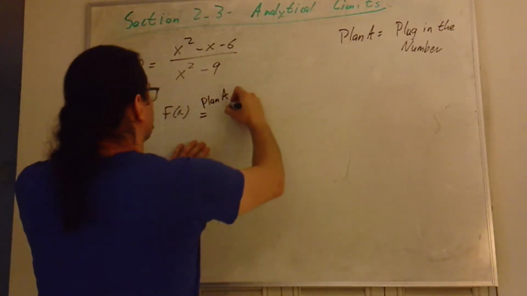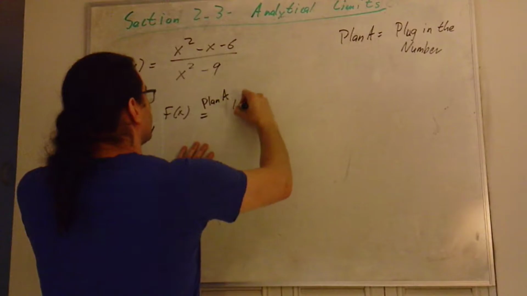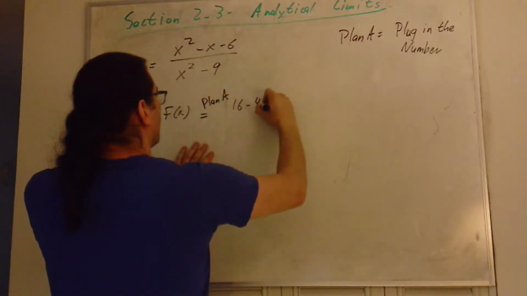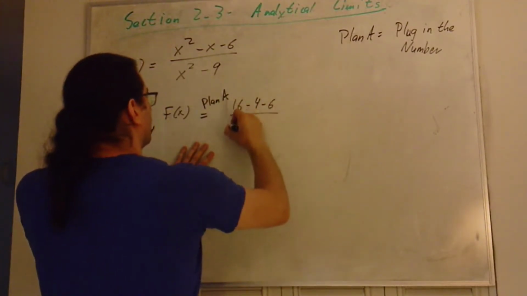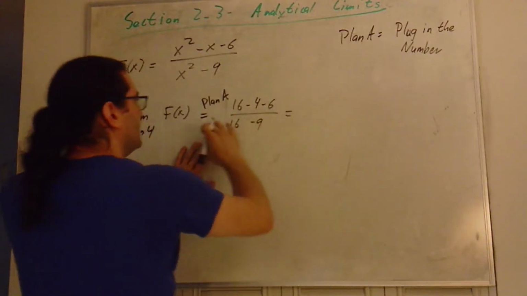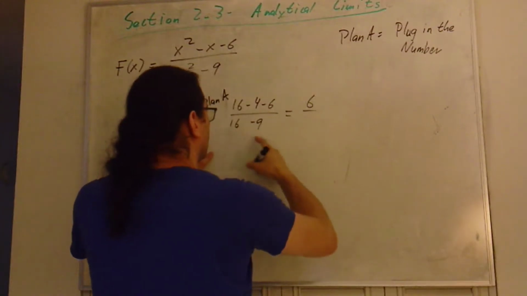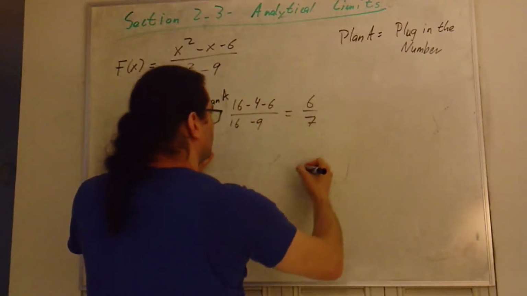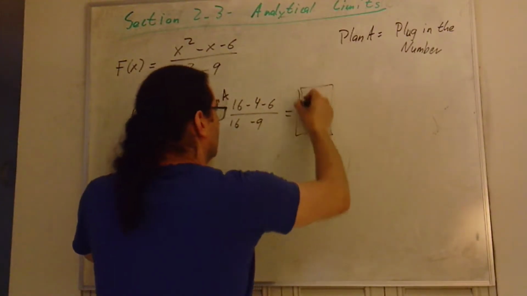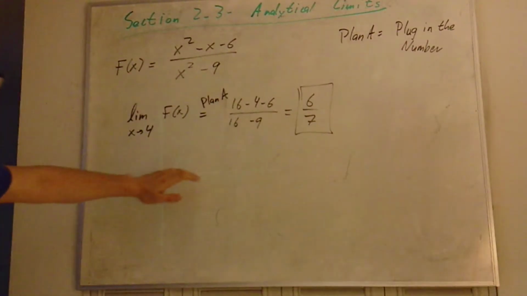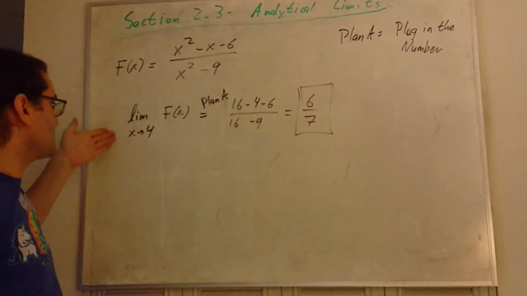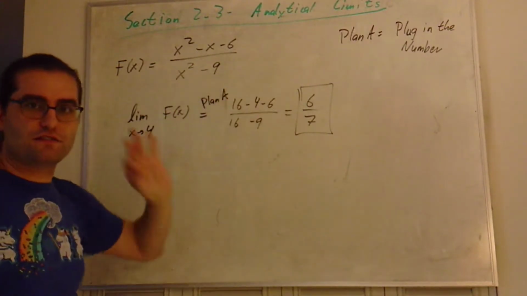So let's see what this looks like. 4 squared will be 16 minus 4 minus 6 divided by 16 minus 9. Looks like that should give me 6 on top, 7 on bottom, 6/7. Cool. The limit of f of x as x approaches 4 is 6/7, and we're all set.